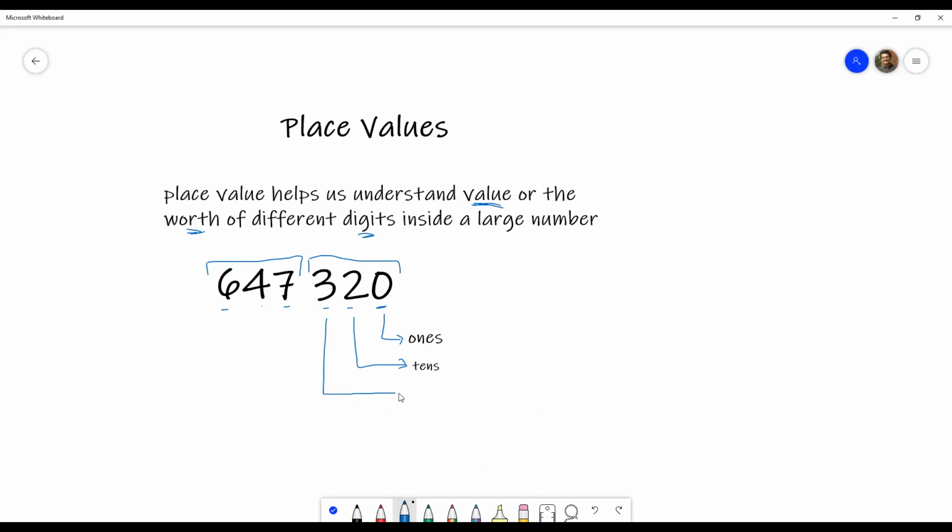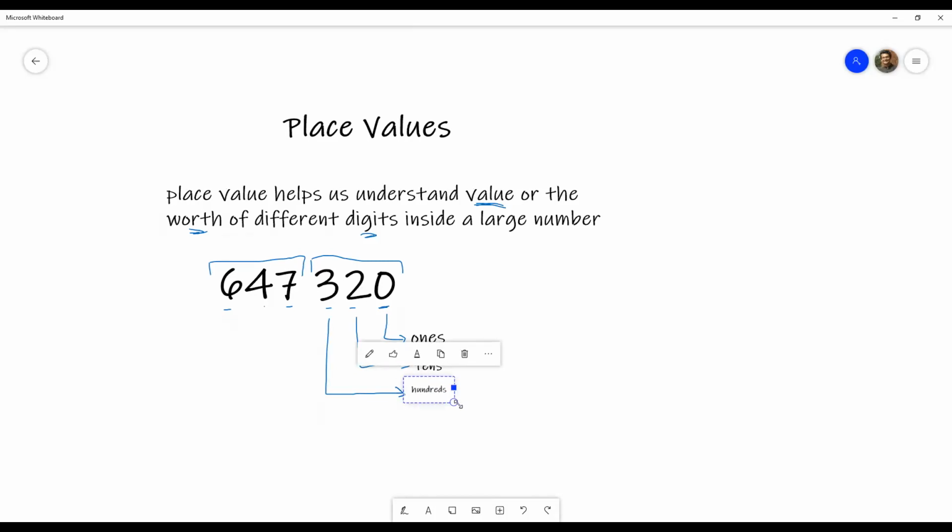So let me write the value of 3 over here. Can someone tell me the value? Hundreds, good. Yeah, the value of 3 is hundreds. Okay, some of you help me determine the value of the 7 over here, or I'll tell you.